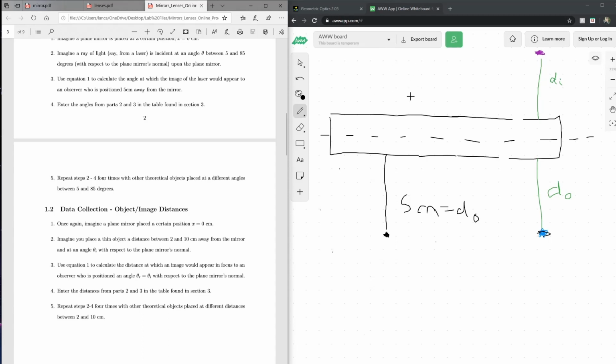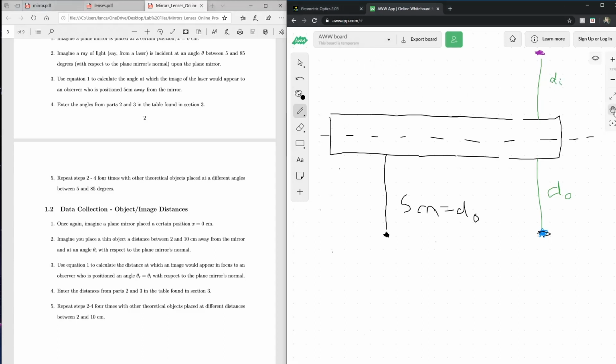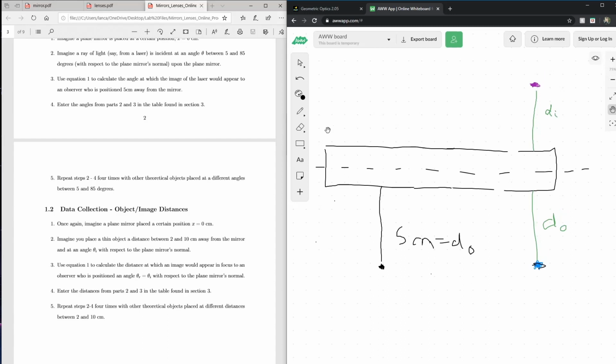But again, I'm just asking you to get a theoretical idea for what's going on here. So imagine you could actually see this image behind it, but remember you can't because it's a virtual image. Then at what point behind this mirror would you see it? So we have some image distance behind here at some distance di.